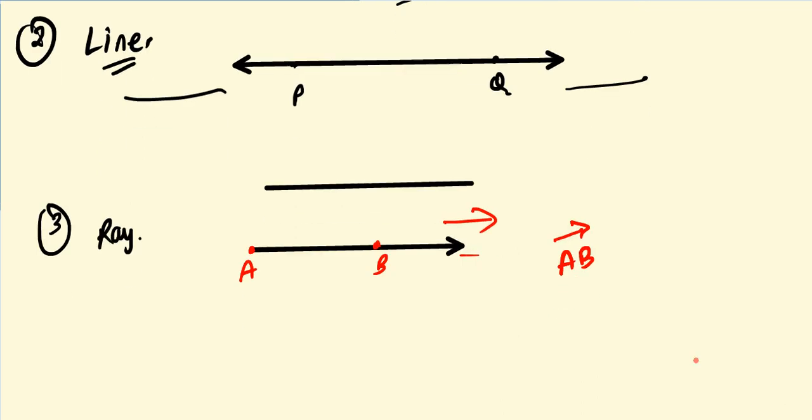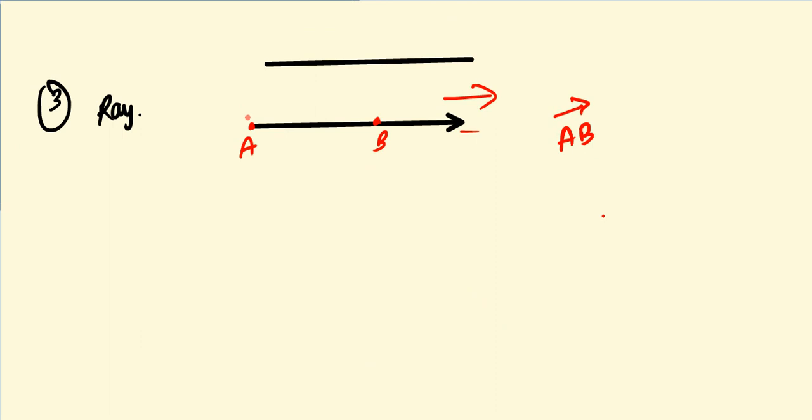Then some more points about ray. A ray has only one end fixed point which is known as its initial point. That means this is that fixed point and this is the initial point. A ray extends indefinitely in only one direction.